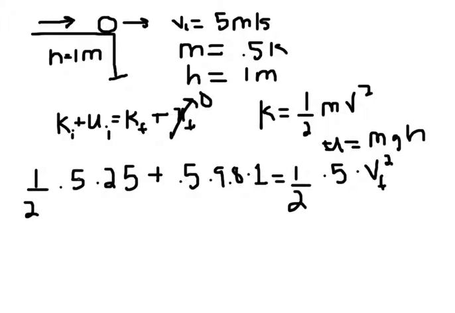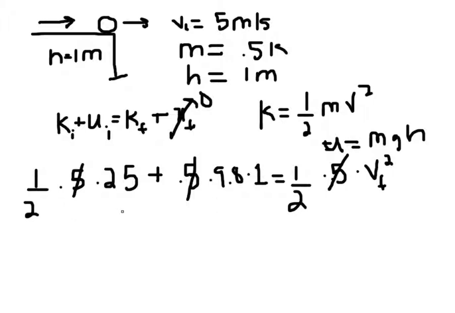So if we look, we have 0.5 here, we have 0.5 here, and we have 0.5 here. We can actually cancel that out. So it really doesn't matter on the mass. The mass really isn't important at this point in time.